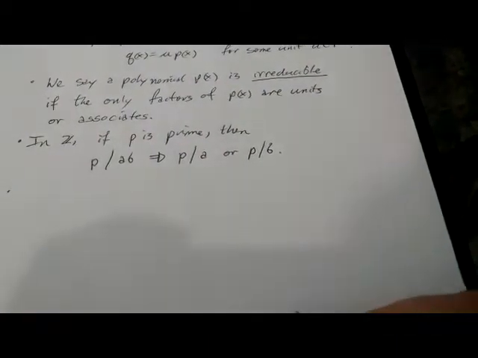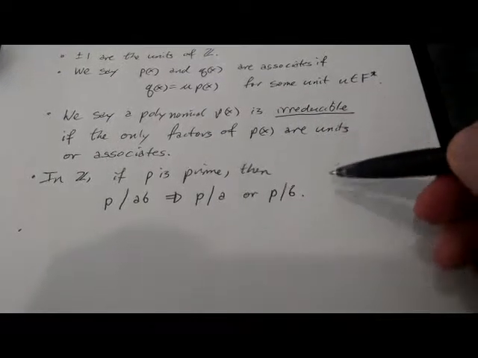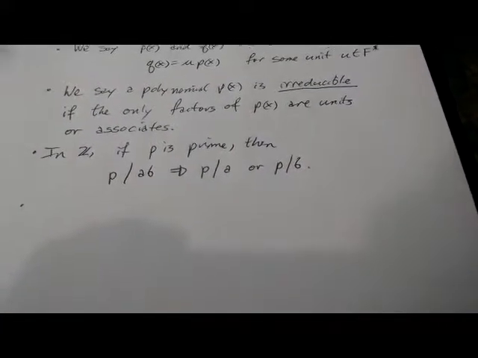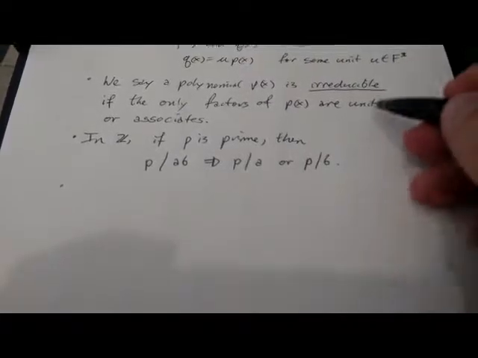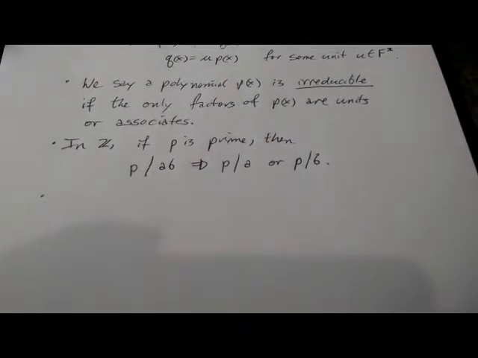This is sometimes used as a characterization of primes, and in fact later on we will eventually define irreducibles this way and primes this way. And in some rings they are different concepts. Irreducibles and primes can be different.